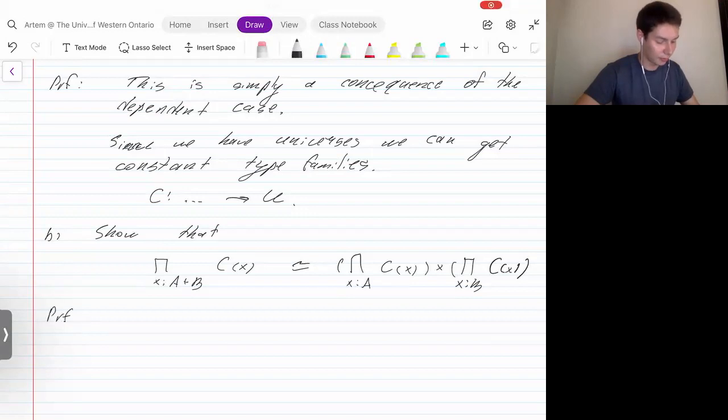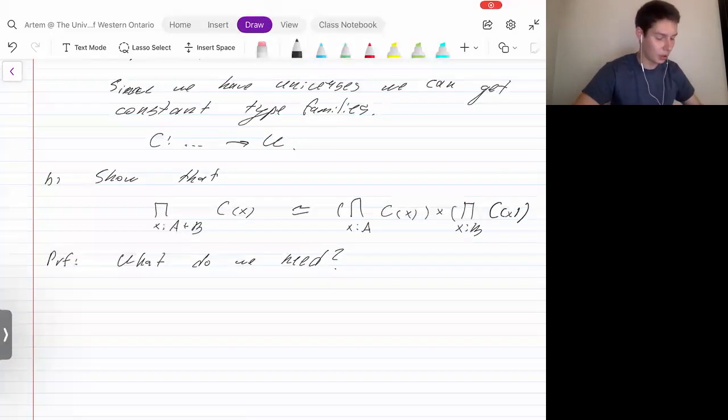Okay. So here, what do we need? Proof. We need an equivalence, and an equivalence is established by the data of two functions going back and forth, and the relevant homotopies.